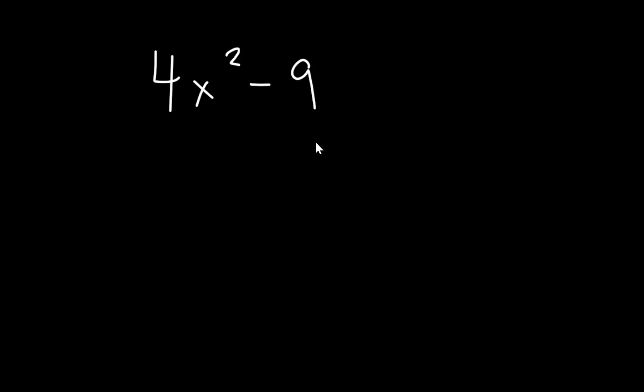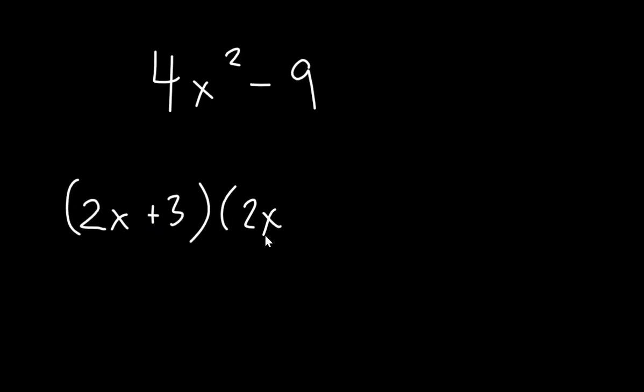Alright, so this should be pretty easy. This is A plus B times A minus B, right? The square root of 4 is 2. The square root of 9 is 3. Verify that this is true.